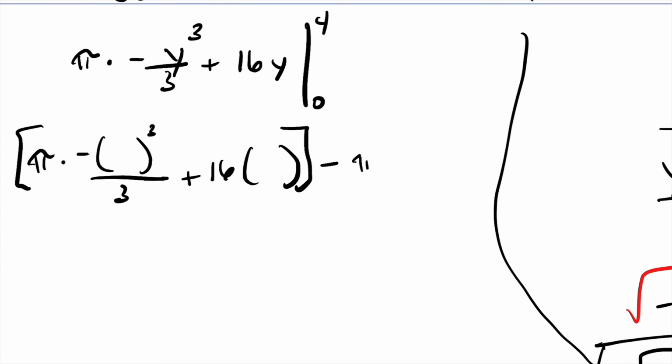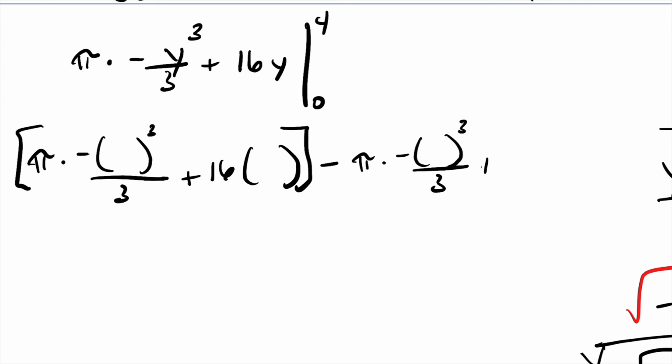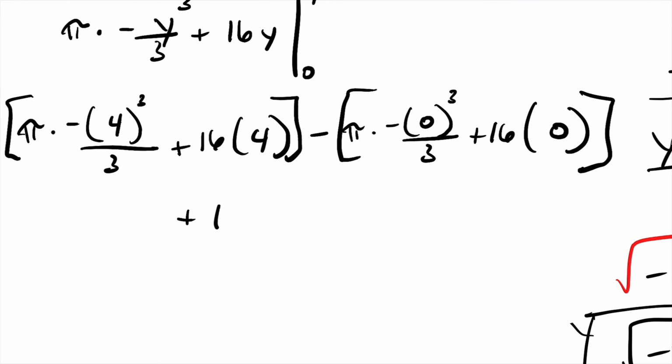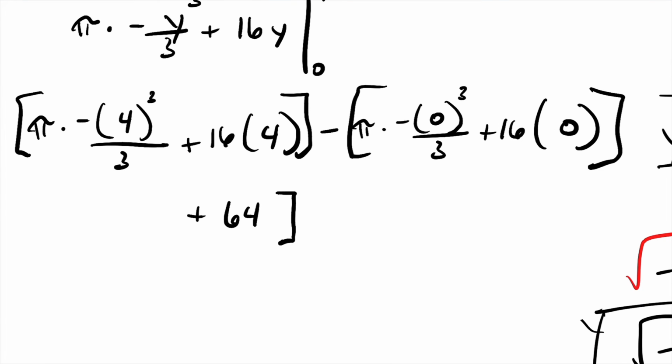Okay, so pi times negative y cubed over 3 plus 16 times y, minus pi times negative y cubed divided by 3 plus 16y. The first one I'm plugging in a 4, second one I'm plugging in a 0. So we get 64, and over here we get pi times negative 64 divided by 3.